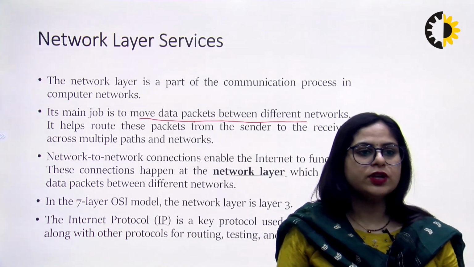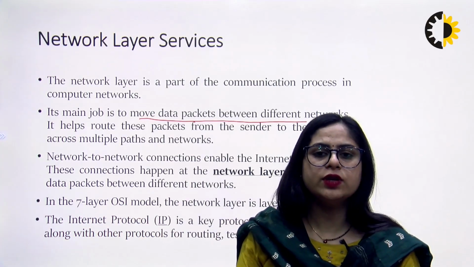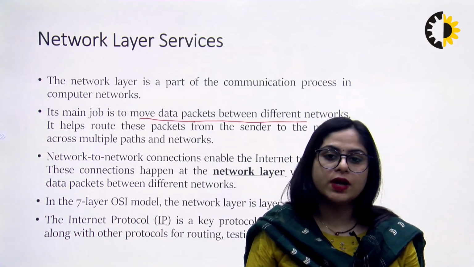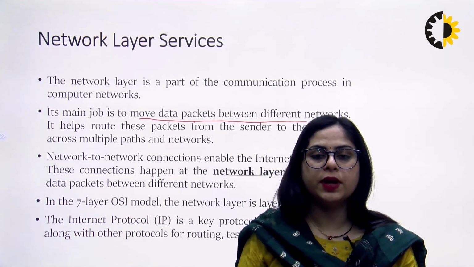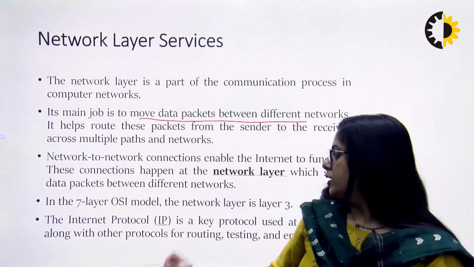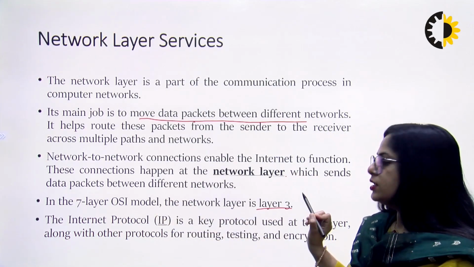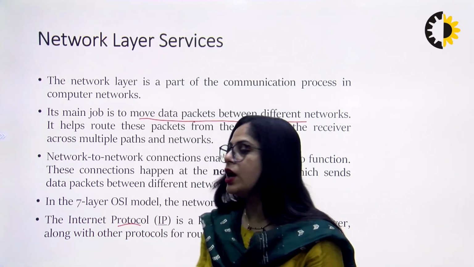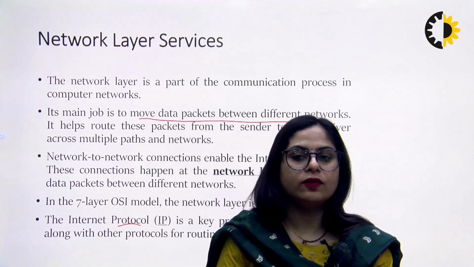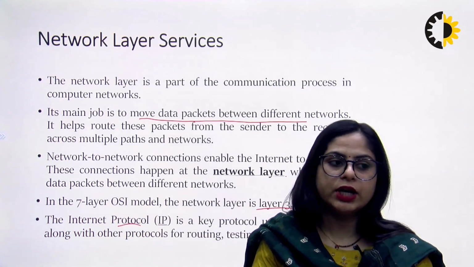As we know, we are using a network device here, that is the router. A router is used to connect multiple networks. The network layer is the third layer of the OSI model, and the protocol used in this layer is the Internet Protocol.